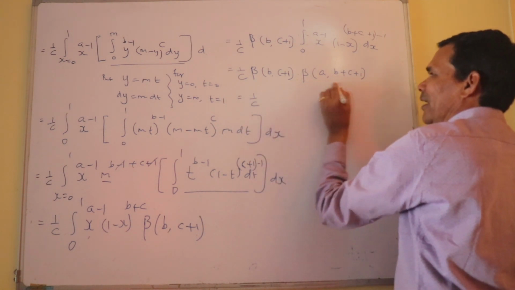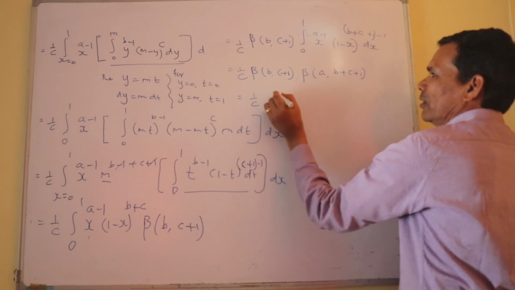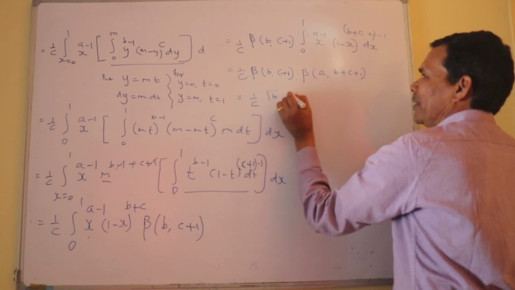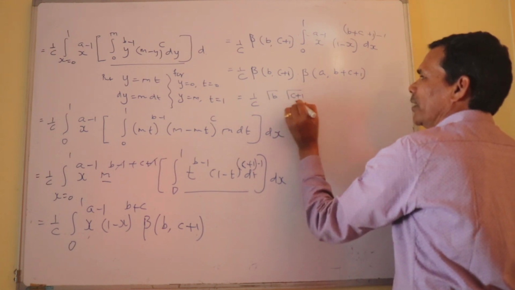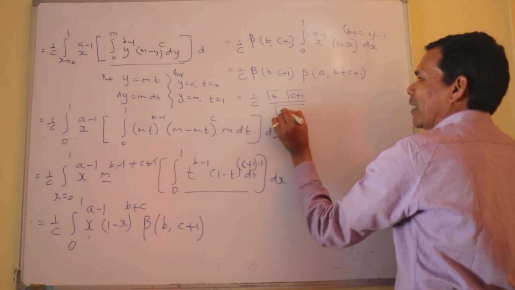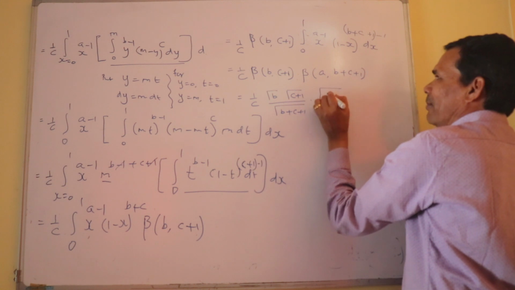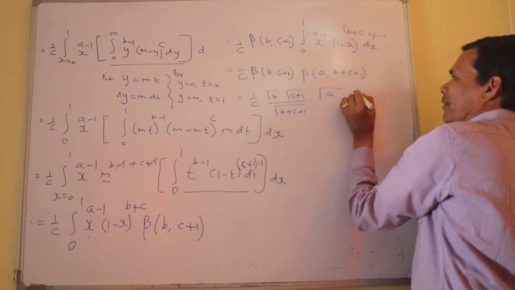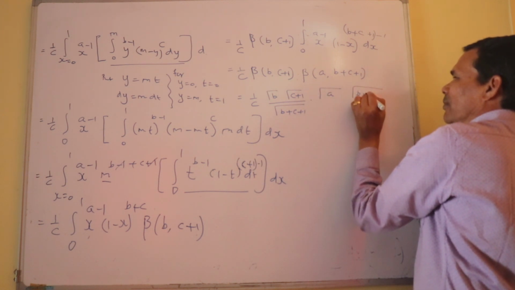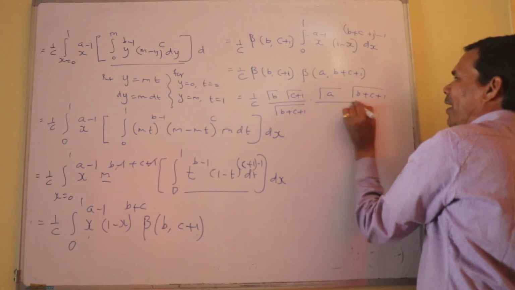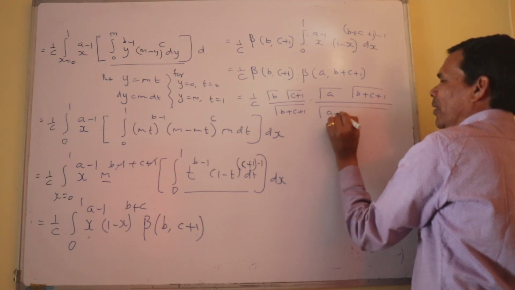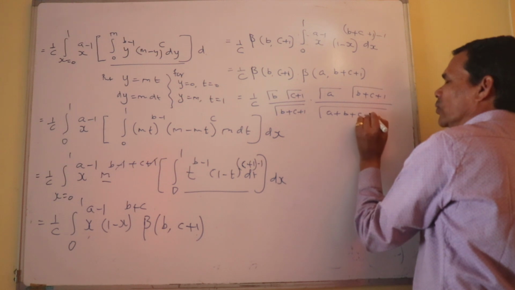This is by the relation between beta and gamma function. We write down gamma b, gamma c plus 1 divided by gamma b plus c plus 1, multiplied by gamma a, gamma b plus c plus 1 divided by gamma a plus b plus c plus 1.